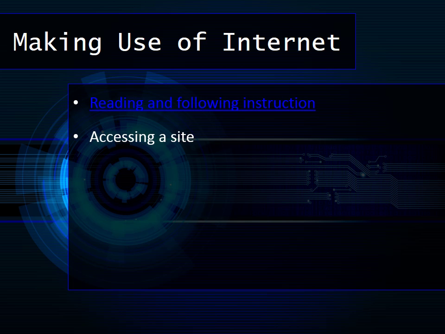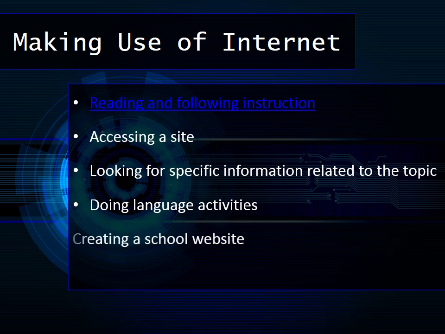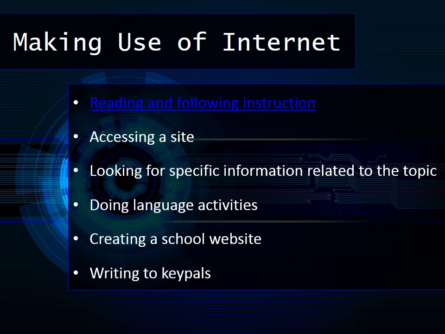Making use of the internet is about reading and following instructions, and then accessing sites, looking for specific information related to the topic, and then doing language activities, creating a school website, and writing emails. In this section, you can use Edmodo or something like that.